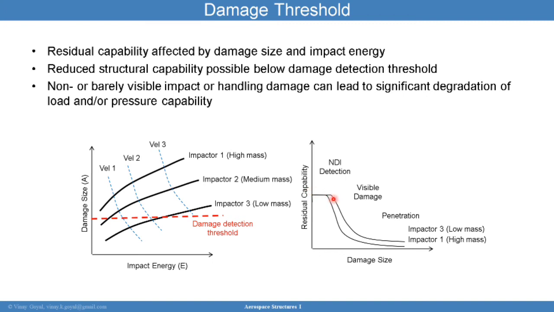No residual strength decrease, that damage area here, and I'd rather have that point correlating to this dash line. I want to be able to detect any damage before it becomes too much of a problem. Because if it's not visible and I have a huge amount of residual strength decrease, I could have a catastrophic failure in flight.